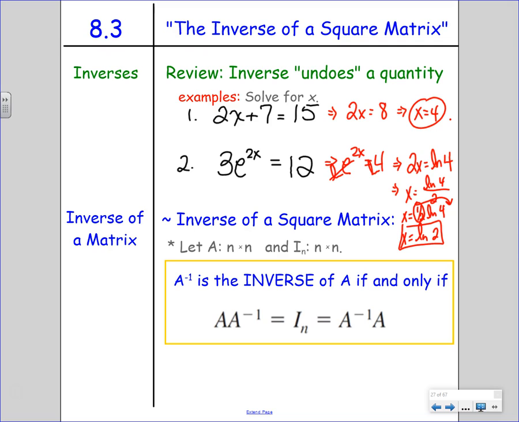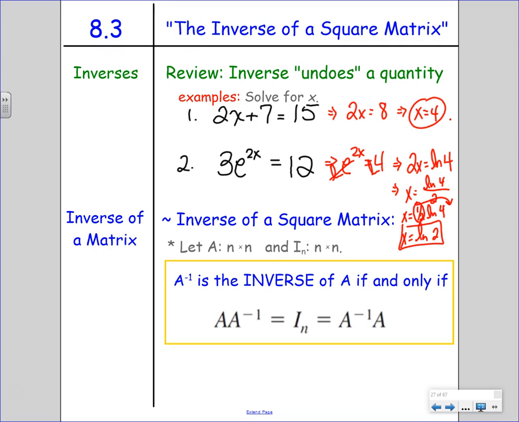Anyway, the point is not to review ln's necessarily, even though I got to kind of sneak it in. The point is we're about to undo matrices. Now, we're not going to necessarily totally understand how to undo matrices. And P.S., you might want to get your calculator out and have it ready.